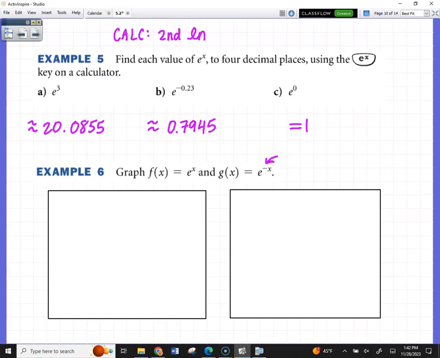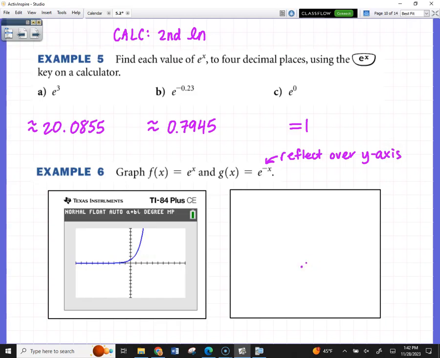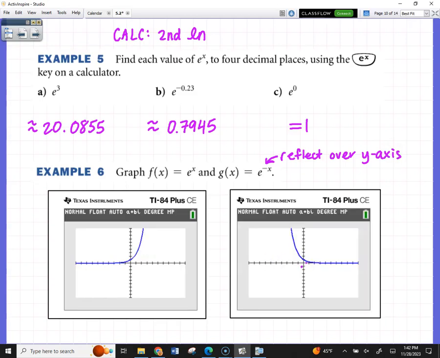So I see negative x, it's actually reflecting over the y-axis. So let's make a note: reflect over y-axis. And then let's just do our best to sketch here. It doesn't have to be perfect, just to get a general idea of the two graphs.